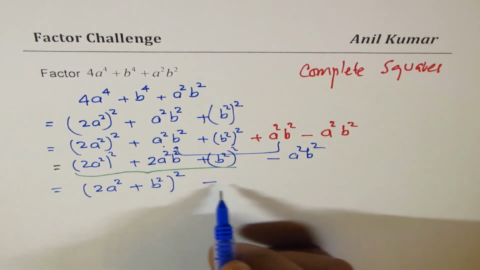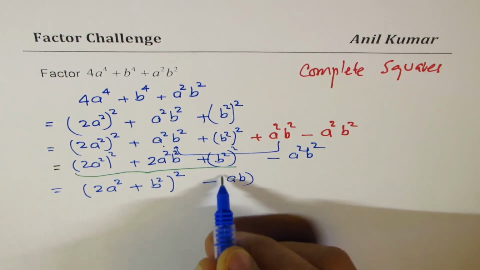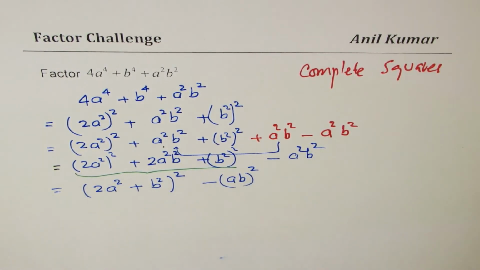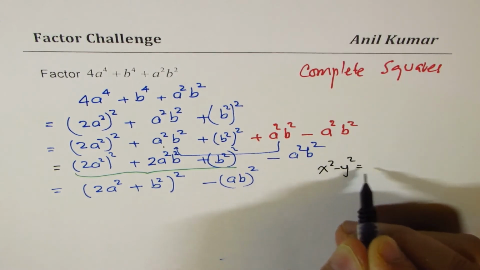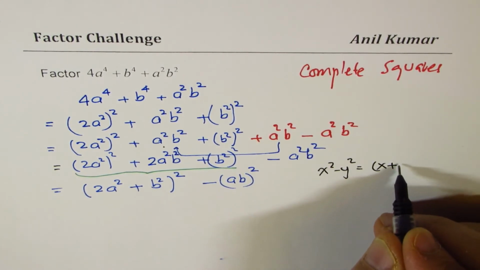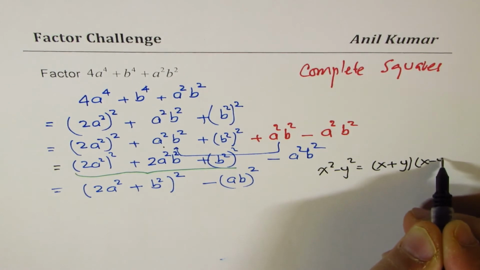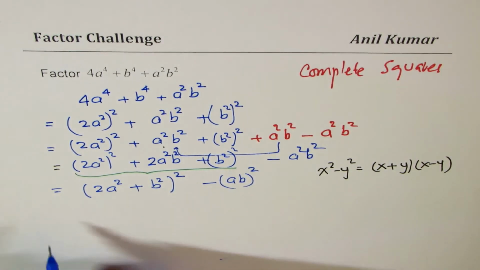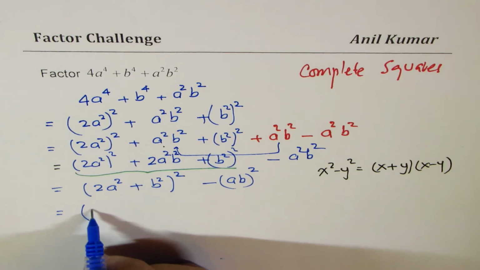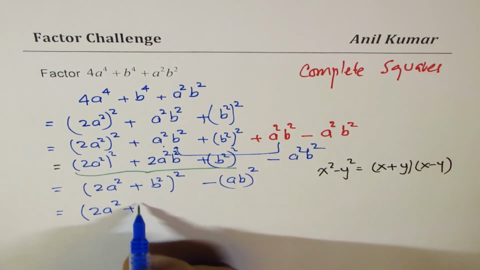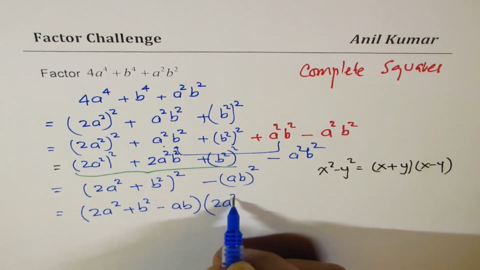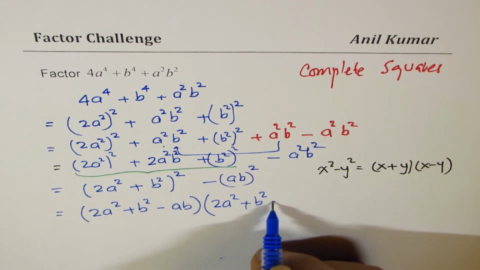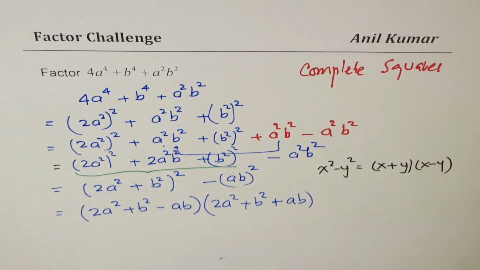And we already have a difference of square term like this. Treat this as a plus b whole square. Now you can apply difference of squares. That is, we know x square minus y square is the product of their sum and difference. So let's apply this formula, and what we get is a factored form. So we have 2a square plus b square minus ab times 2a square plus b square plus ab. Does it make sense to you, right?